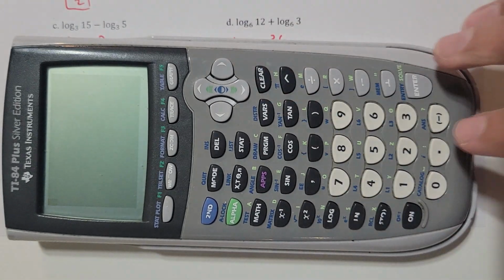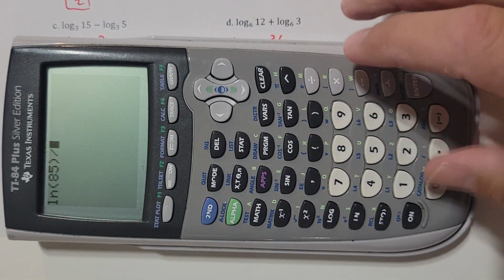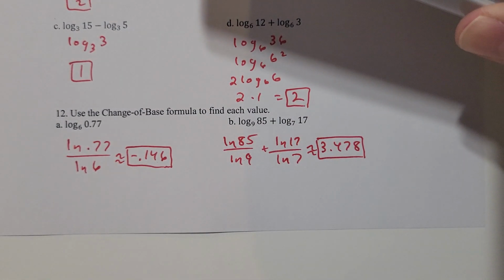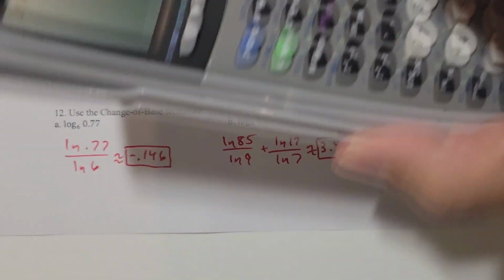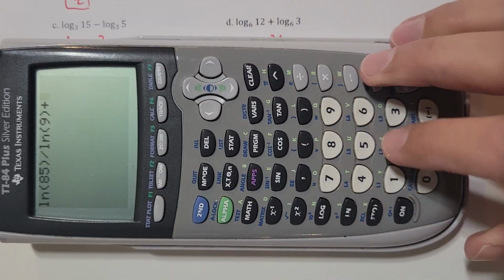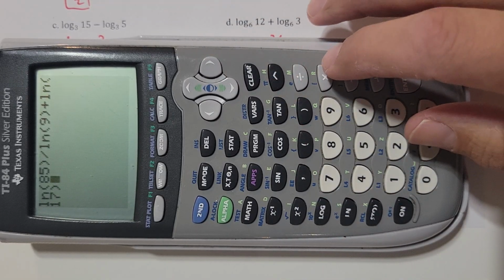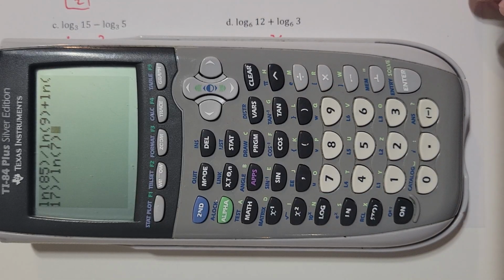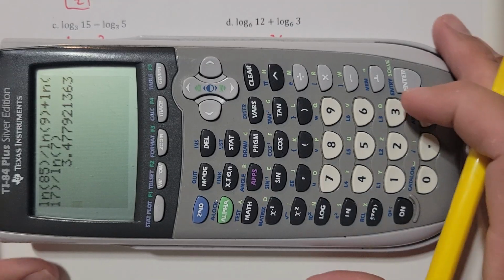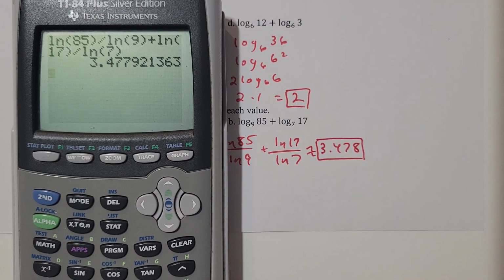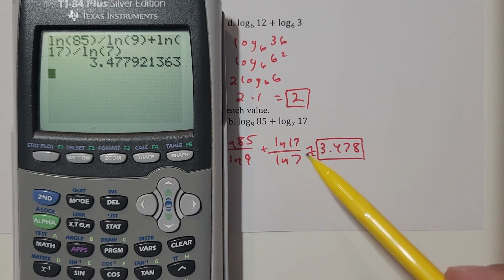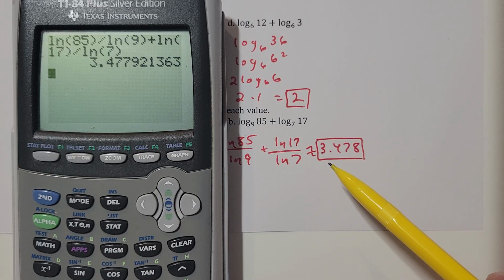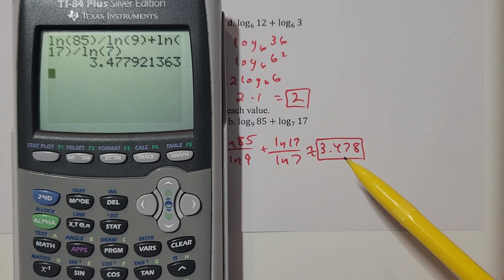So we've got the ln of 85 divided by the ln of 9, plus the ln of 17 divided by the ln of 7. I can type in the whole thing all at once here. The answer that I'm getting is about 3.478 to the nearest 3 digits. That's a rounded number, so I'd want to use the approximation sign. And that would be my answer.